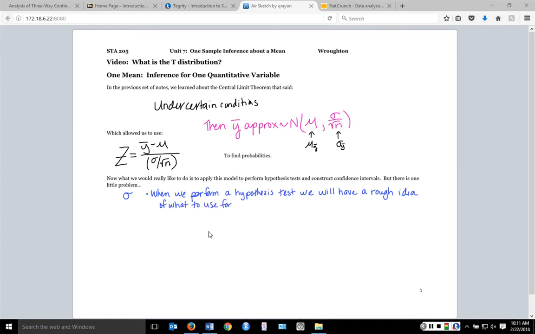Why will we have an idea of what to use for the mean? Well, we'll have a null hypothesis which will have some mean inside of it. So that seems pretty reasonable. But of course, since it's in our null hypothesis, we are actually unsure of this number. Otherwise, we wouldn't be doing a hypothesis test.